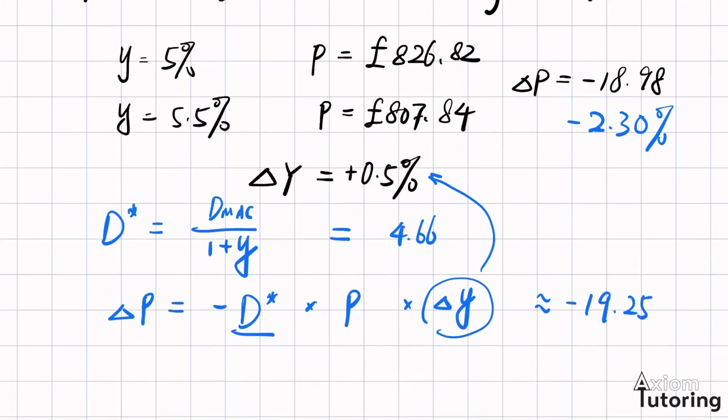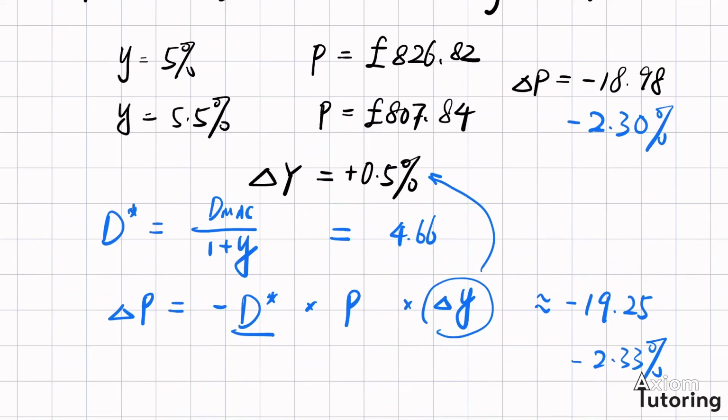As you can see, there's a bit of difference here, but it's not a big difference, so it's not a big deal. In terms of percentage, the change in the price is going to be negative 2.33%. That is a good approximation, because we don't drift away from the accurate number by too much.